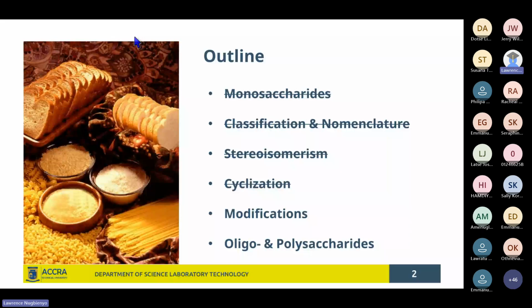And then last week, we continued to look at cyclic forms of the monosaccharide structures, which we referred to as the Haworth projections or Haworth perspective formulas. And we compared that to the straight chain structures, which were the Fischer projections.